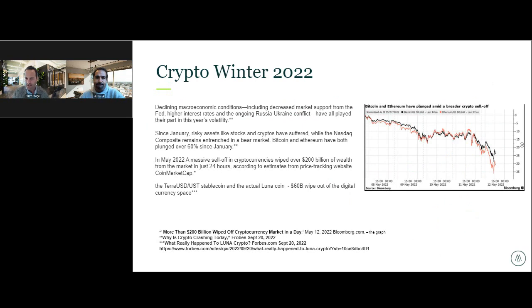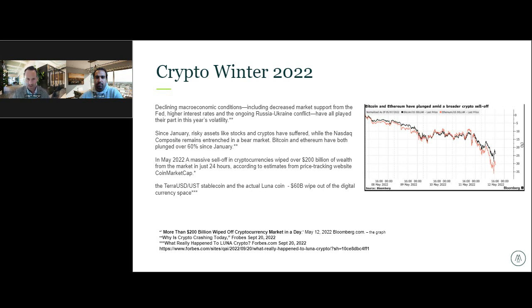We would be remiss not to talk about what has been referred to as the crypto winter of 2022. I would say before this period, there's a lot of surmising about, what is cryptocurrency? Is it a currency? Is it an investment? Is it an inflation hedge? There were arguments for all of them. I would say, in my personal opinion, looking at what's happened in 2022, crypto has sold off much more broadly than the equity or the bond markets.